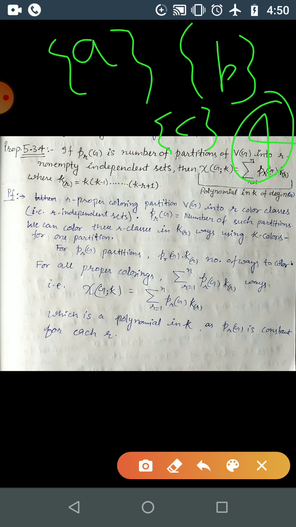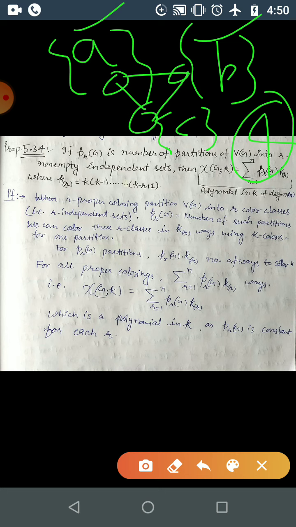Out of 4 you have, this is adjacent, that's why this is not coming to this one, and these are also adjacent, and all the vertices in this are independent, and also in color class B it is independent, color class C it is also independent, correct.